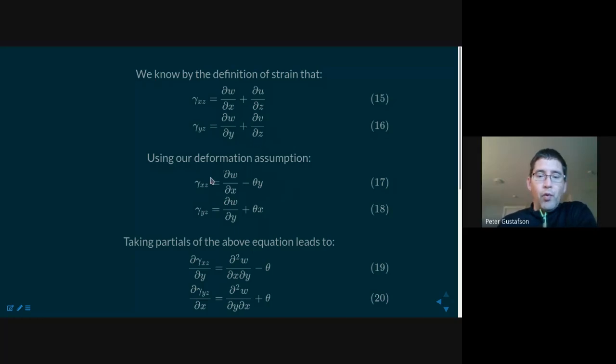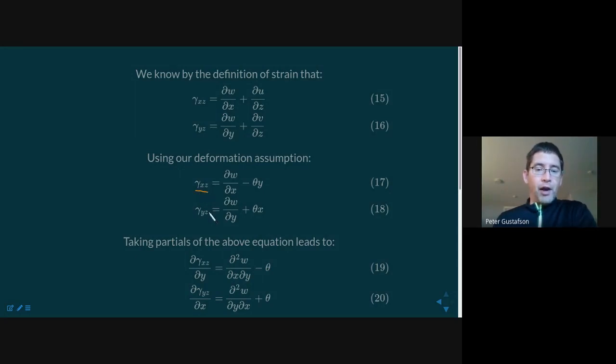Now, we can then manipulate these equations. This is just plain old mathematical manipulation. You can do kind of whatever you want as long as you're not violating math, right? So here I'm going to, for example, say, all right, I know what gamma xz is. Let me take its derivative with respect to the y direction.